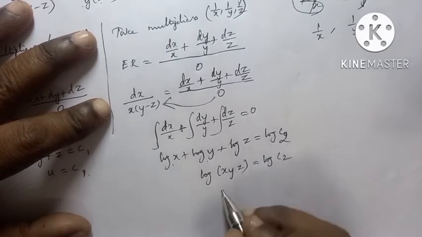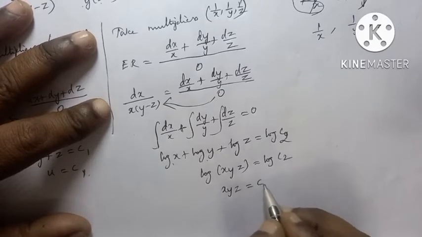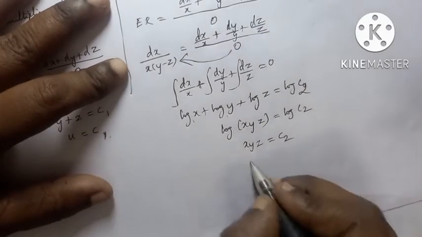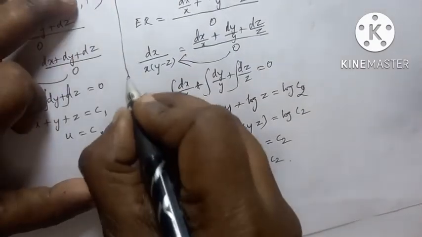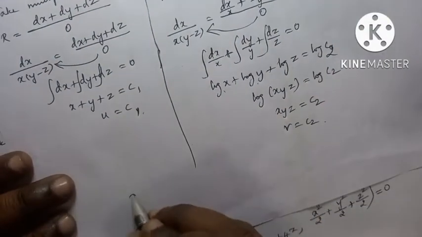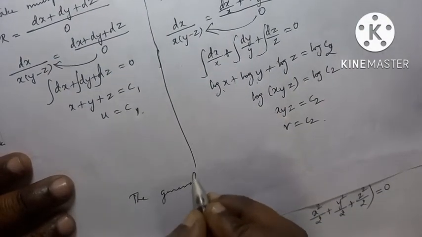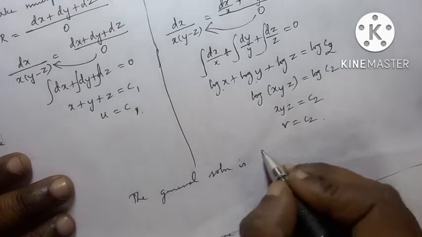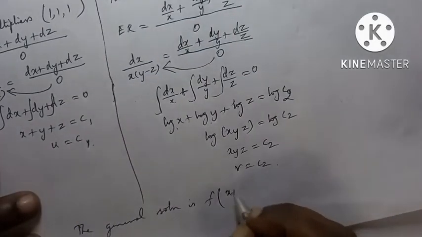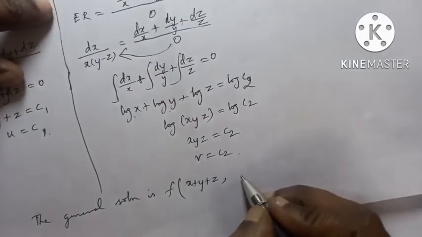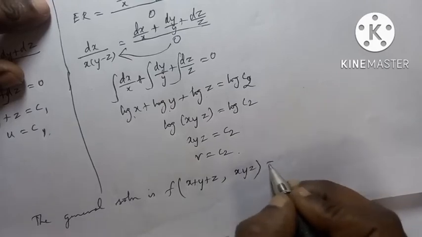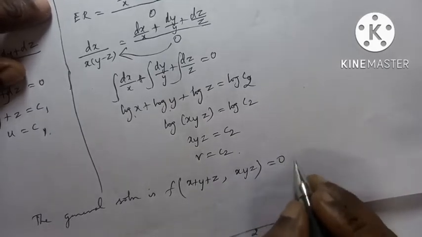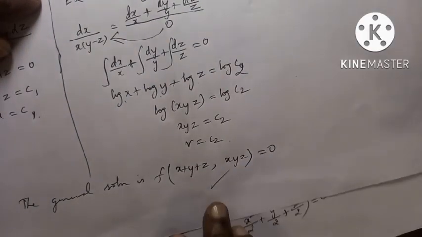Take base e on both sides: xyz equal to C2. V is equal to C2. Hence the general solution is f of u comma v, or v comma u, whatever it is, equal to 0, which is the general solution. Okay.